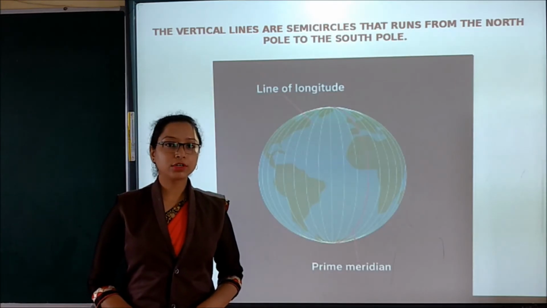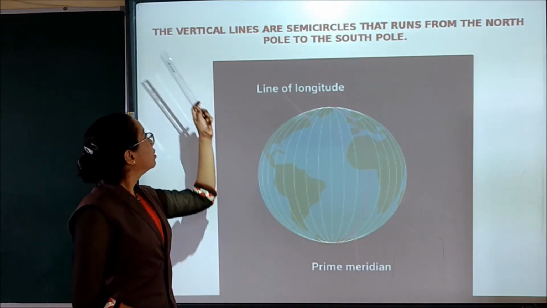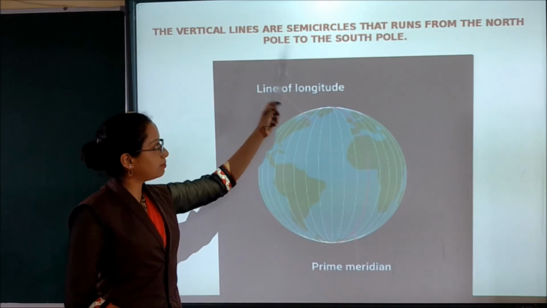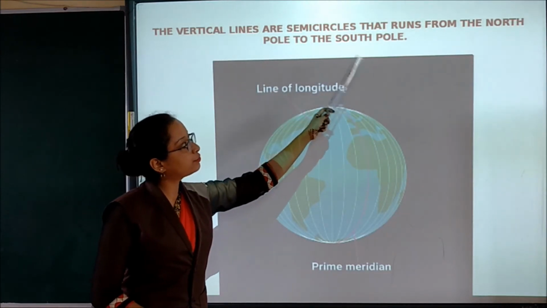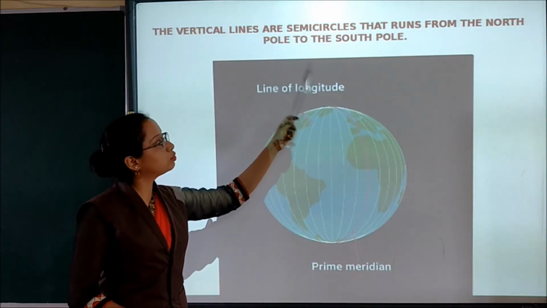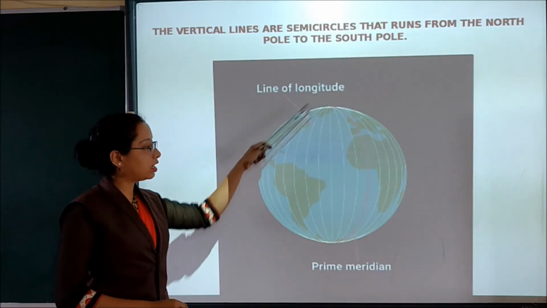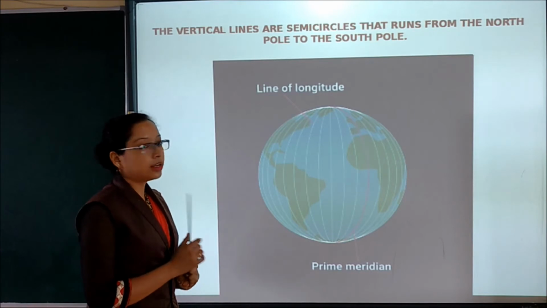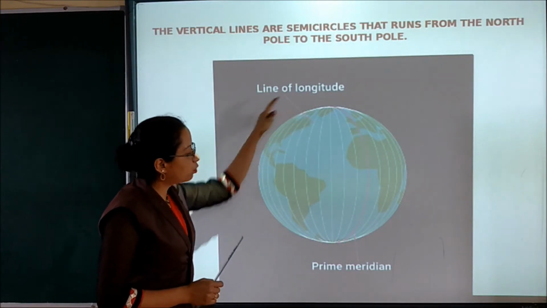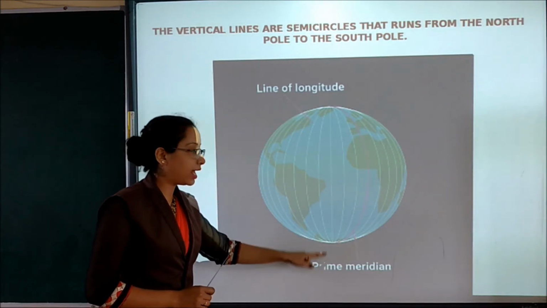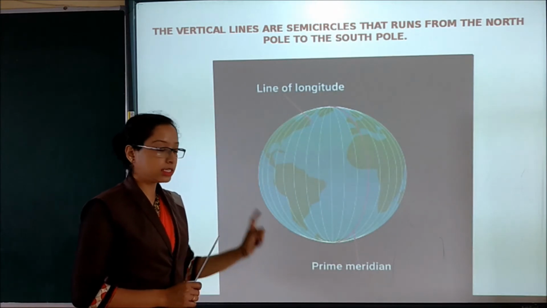Next we will see what are longitudes. The vertical lines are semicircles that run from the north pole to the south pole. Here you can see these are lines of longitude. They run from the north pole to the south pole and they are equal in size.